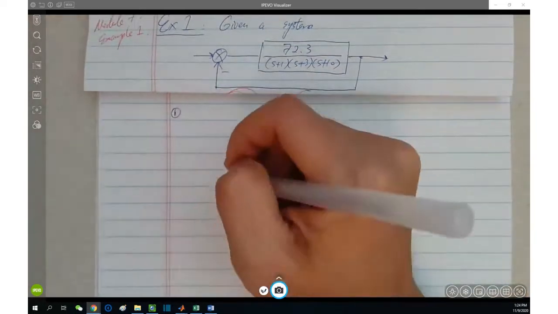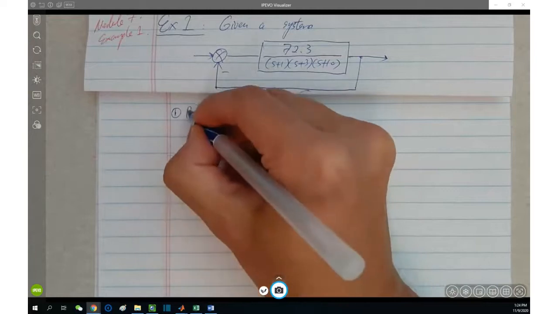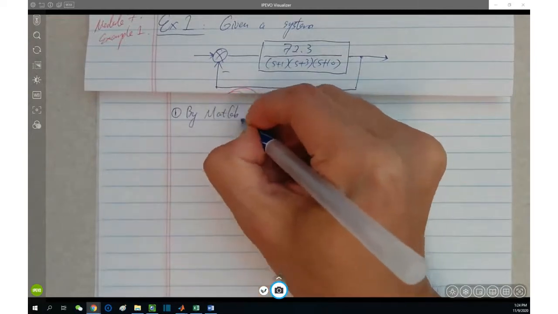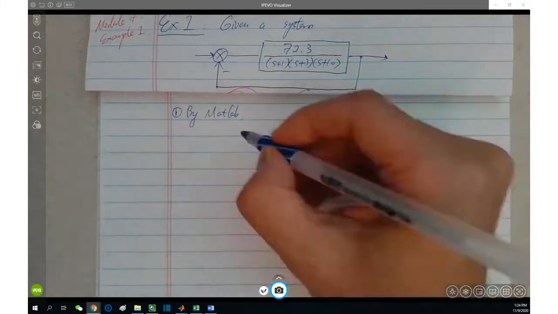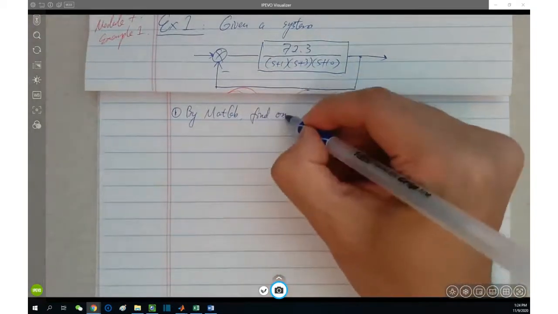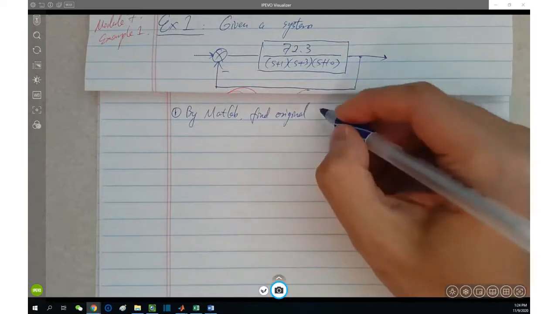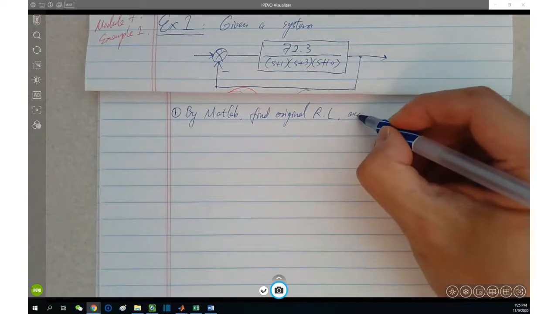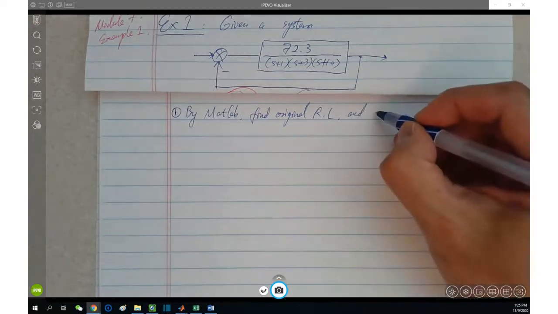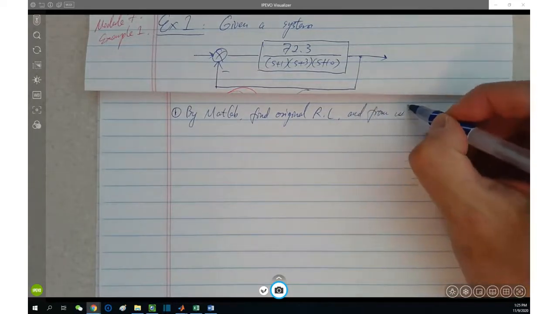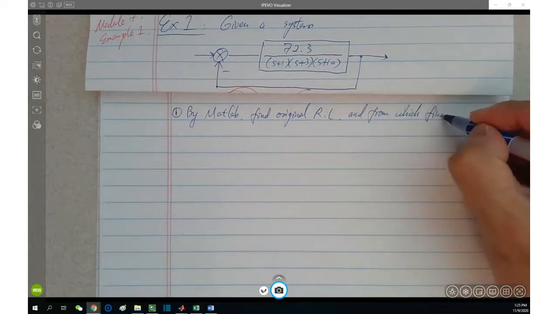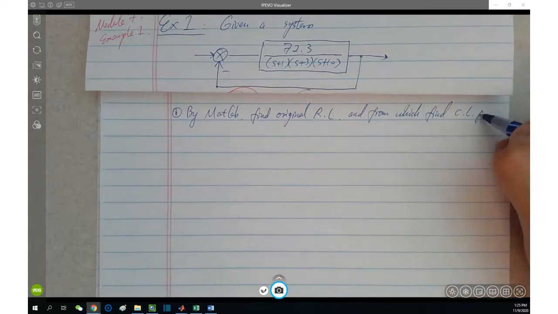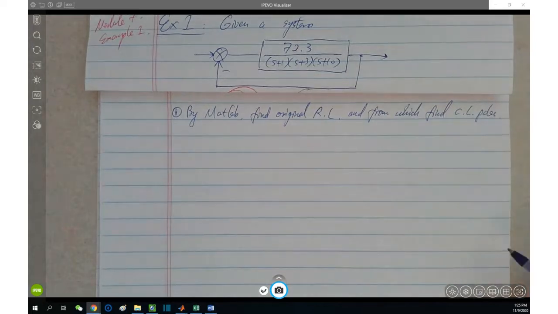The first question is asking, for this system, using MATLAB, we will learn how to find the root locus of the original, uncompensated system, and from which find the closed loop poles. We are looking for the closed loop poles from the root locus rather than the mathematical calculation here.